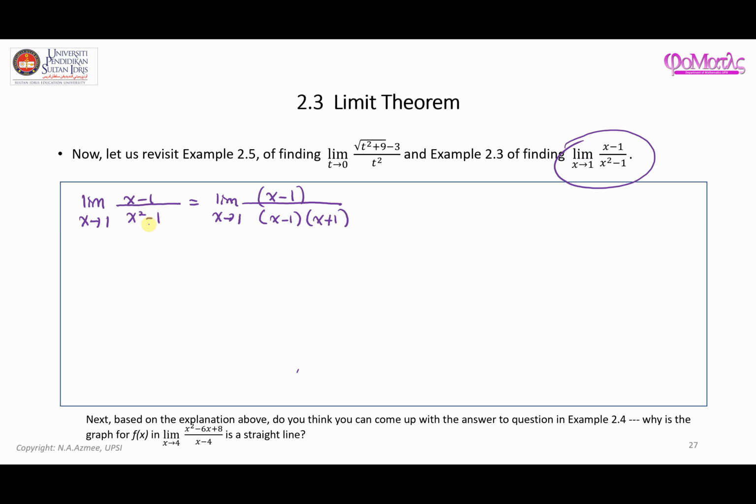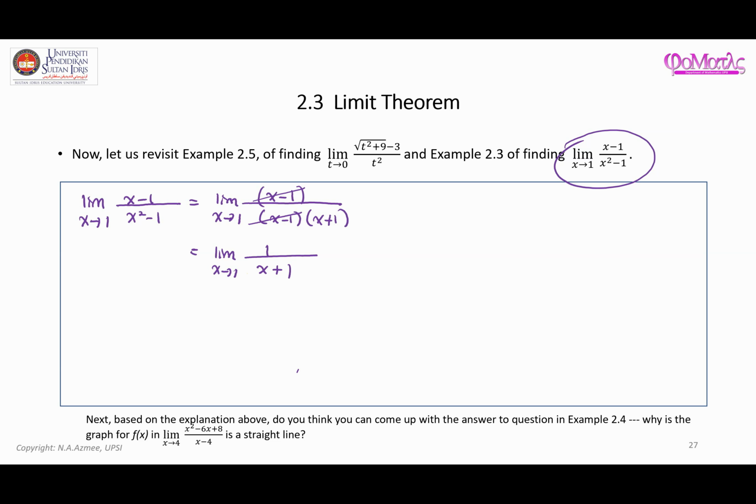Based on this, you can simply cancel the terms out. So what you have is the limit as x approaches 1 of 1 over x plus 1. Based on this, if you substitute 1 into this function, there will be no issue in computation and you will be able to get the answer.